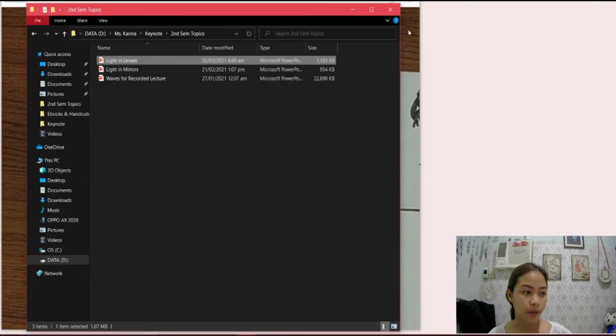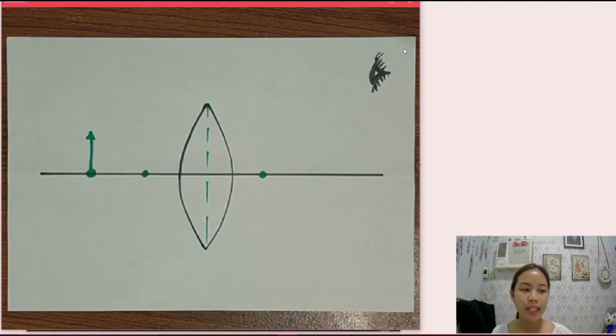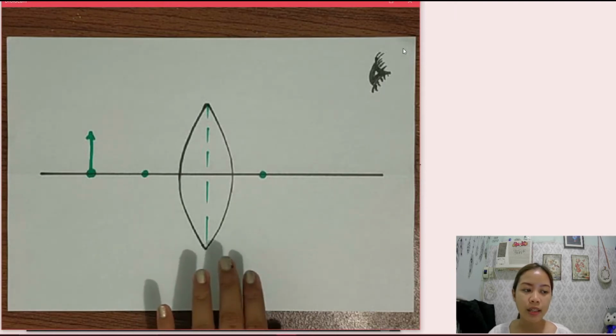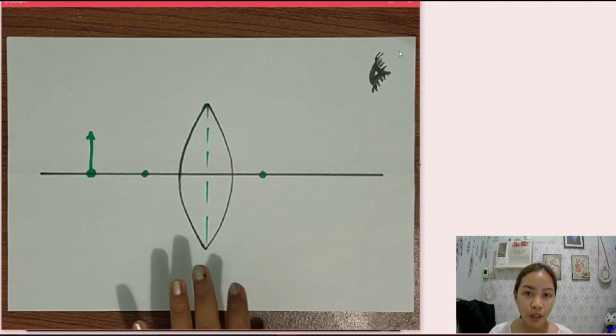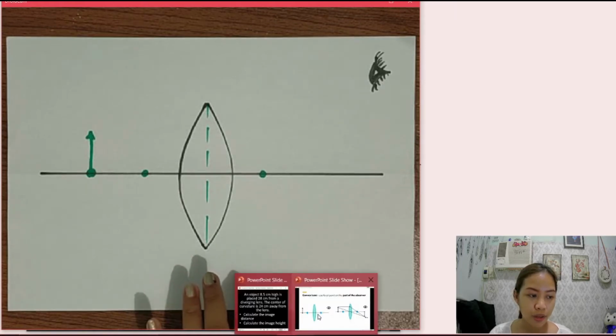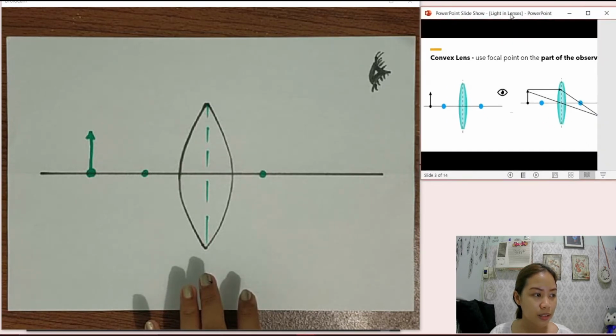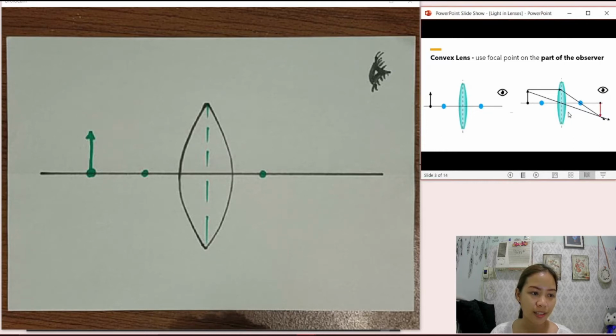I have here an example. So this is a convex lens, and this is just the same as the earlier one. Okay?